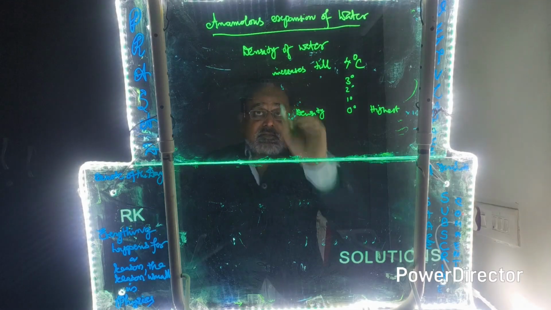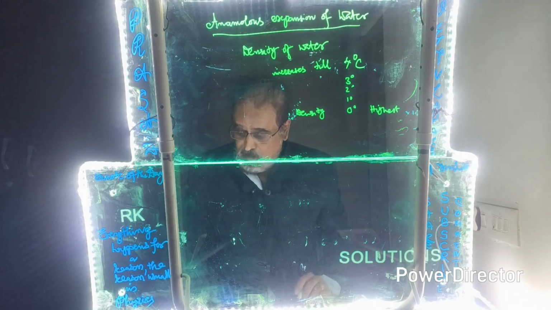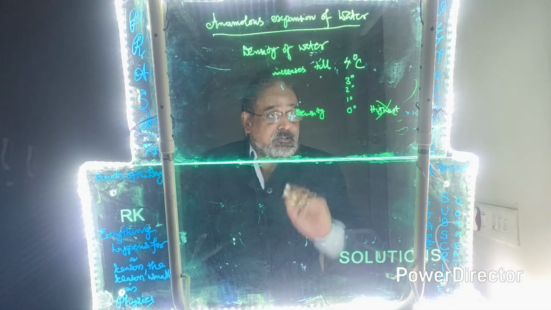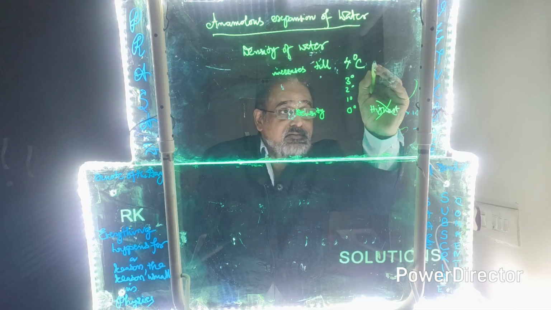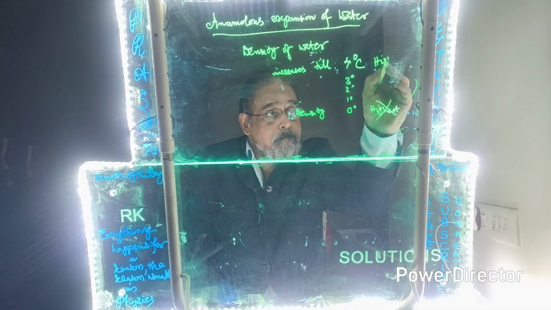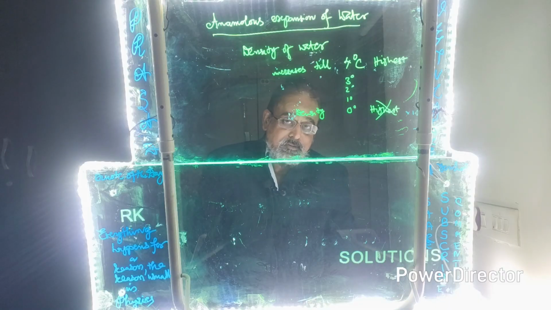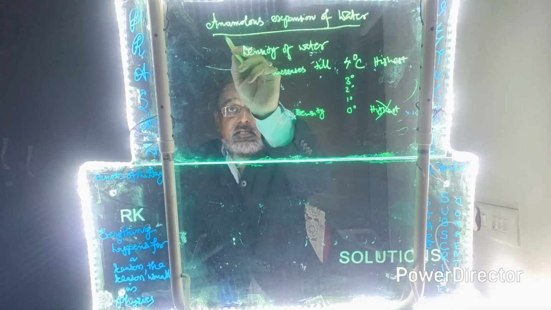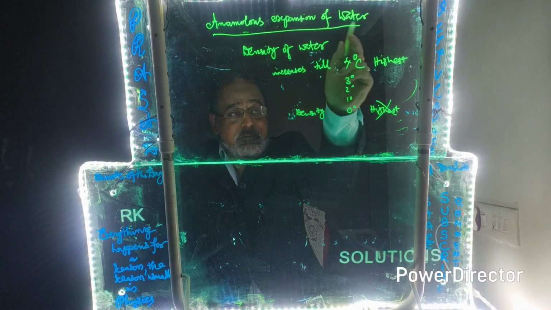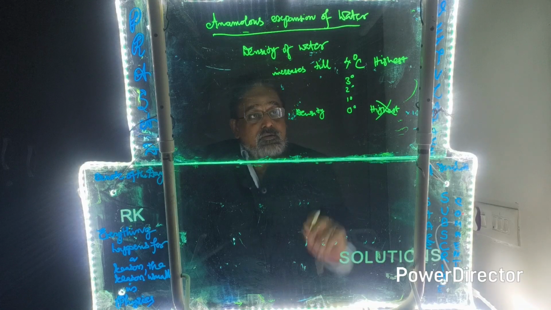But that is actually wrong. The density of water is highest at 4 degrees centigrade. So that is why it is called anomalous expansion of water. It's abnormal expansion of water.